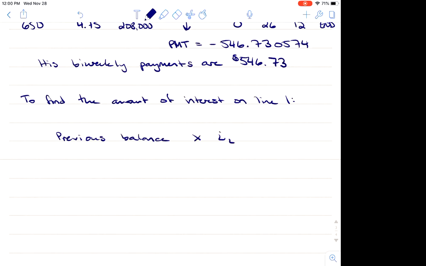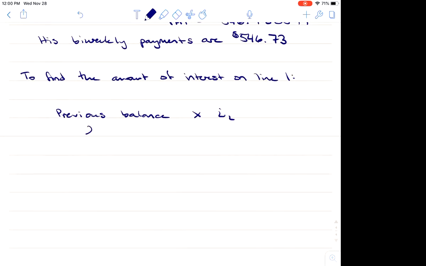So the very first balance that we had was 208,000 times I2, which was itty bitty.